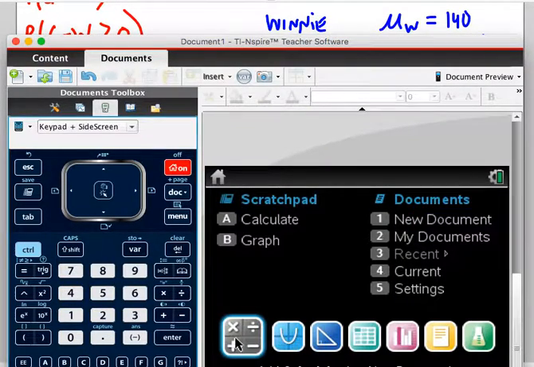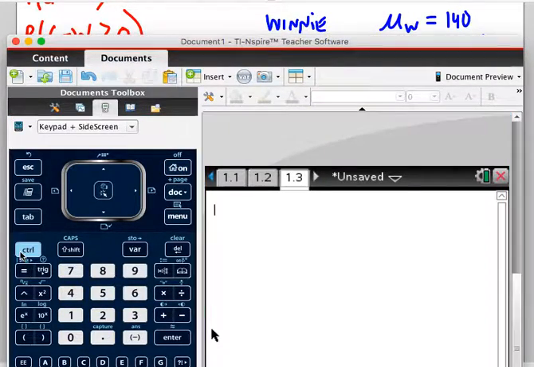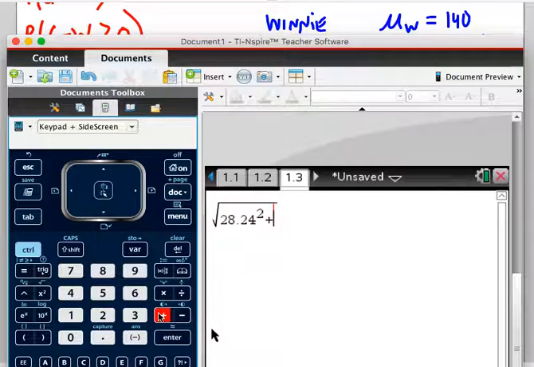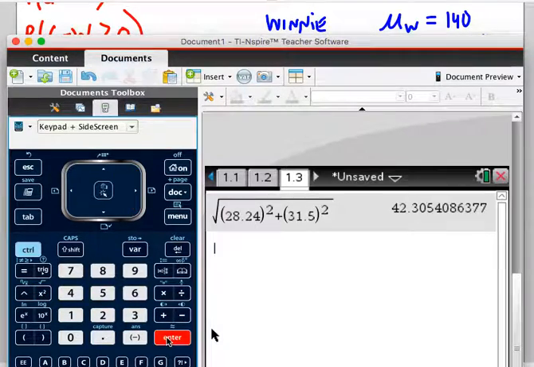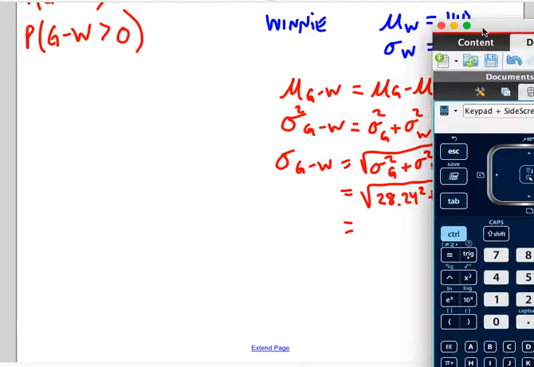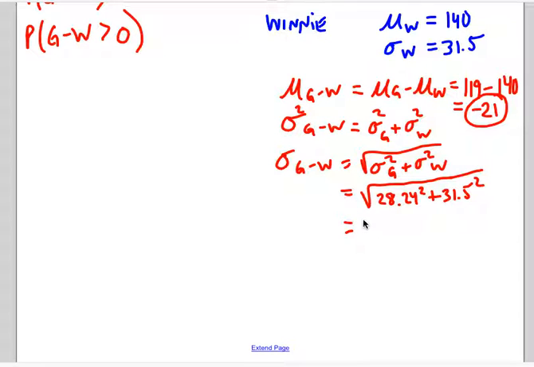So we need to do the square root of 28.24 squared plus 31.5 squared, and we're going to get 42.31. So that's the standard deviation I'm going to use for my z-score.